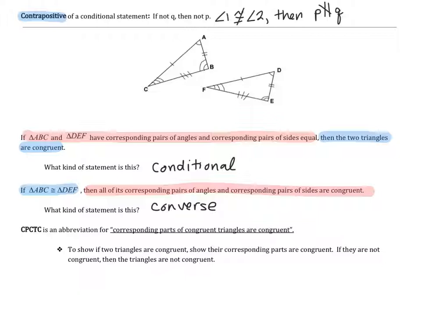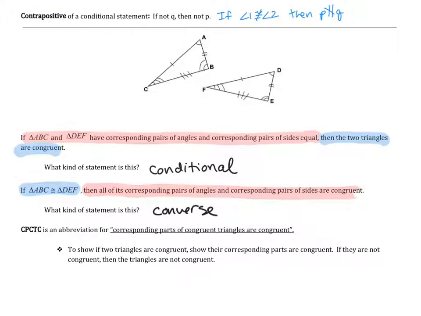So these two statements tie into what's called CPCTC, and it stands for corresponding parts of congruent triangles are congruent. So this is a phrase you're going to be using a lot. What this phrase means is that you can show that two triangles are congruent by showing that their corresponding parts are congruent.